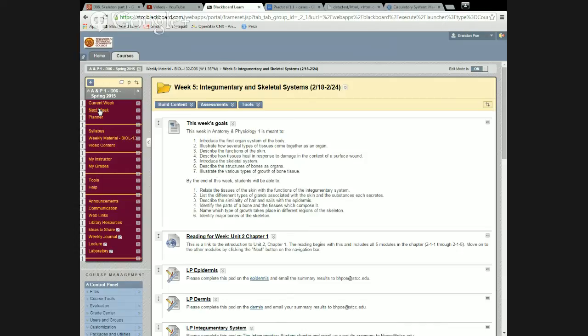What's best for the skin is making the transition from these foundational things, the chemistry, cellular, and tissue levels of organization, up to an actual organ system. What I really want you to pay attention to and think about in the skin is what tissues are there and what role they play. When we're moving up to the organ level of organization, we're going to see all 4 types of tissues represented, and that's true in the skin.